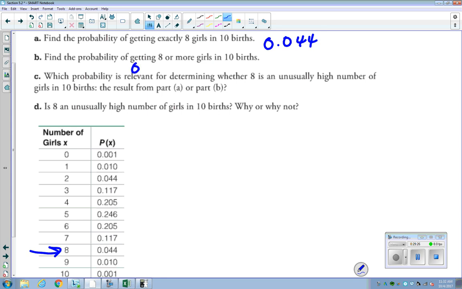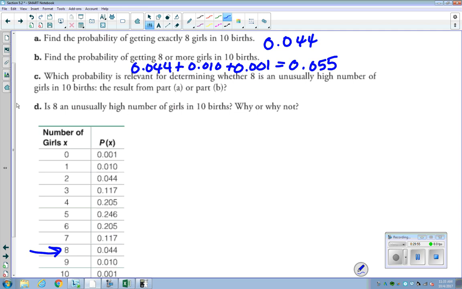So I'm going to add 0.044 added to 0.010 added to 0.001. And I come up with 0.055. I thought that was too easy. So really it's just reading and then putting it all together.